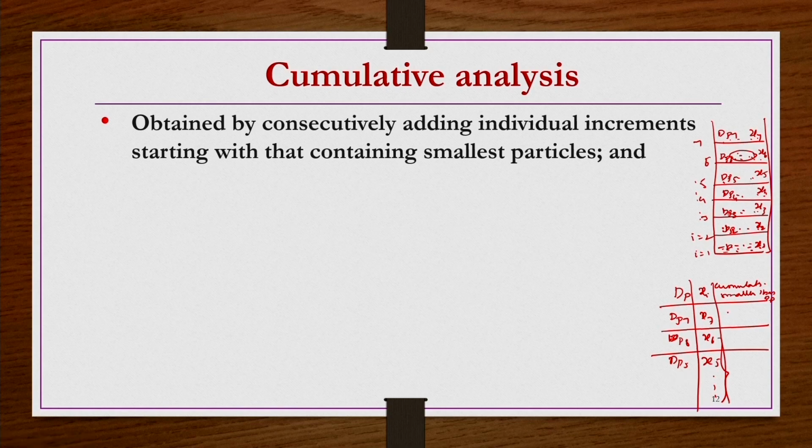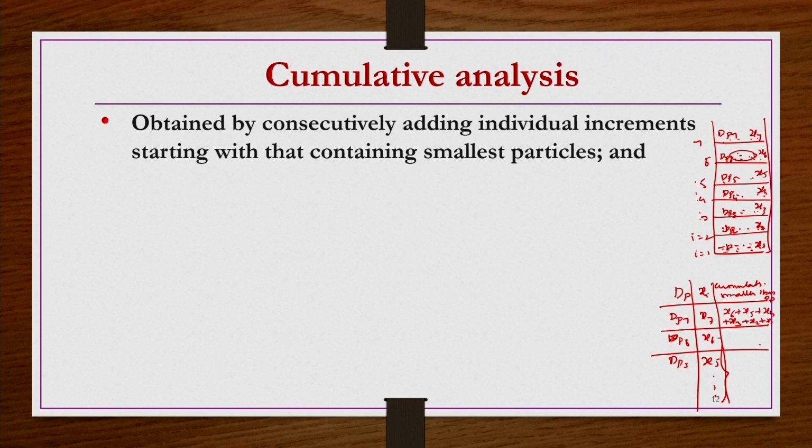So, the value here should be x_6 plus x_5 plus x_4 plus x_3 plus x_2 plus x_1.